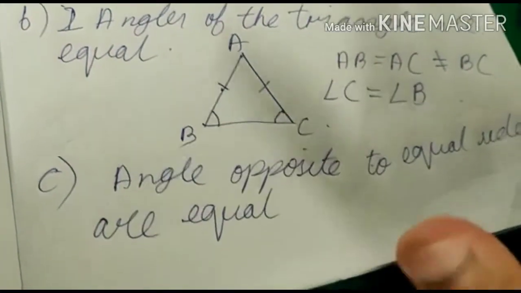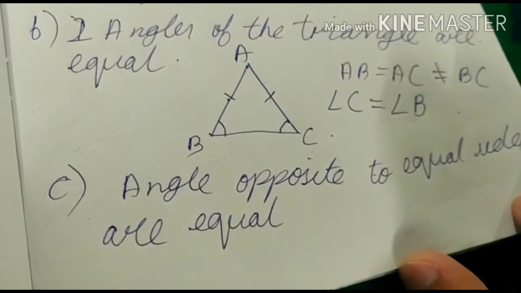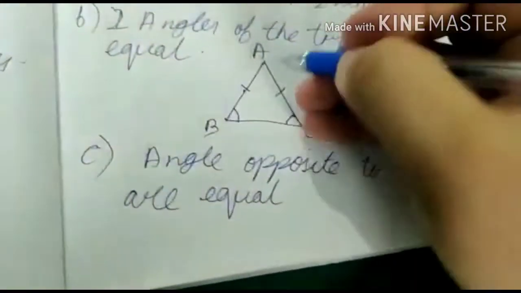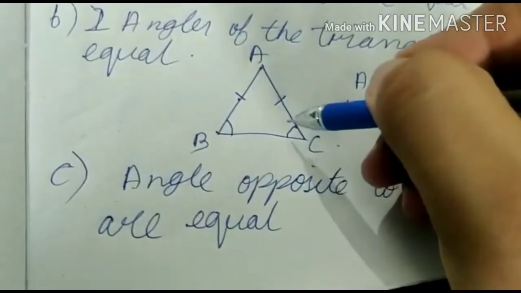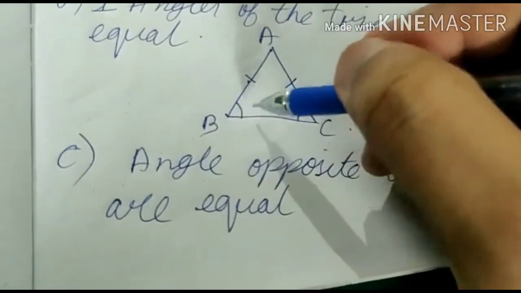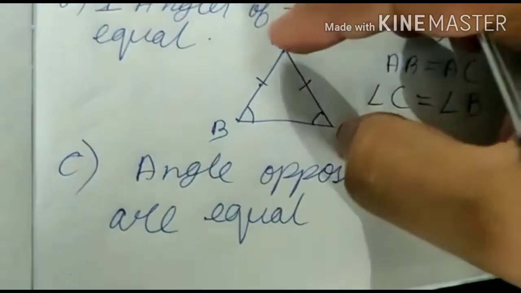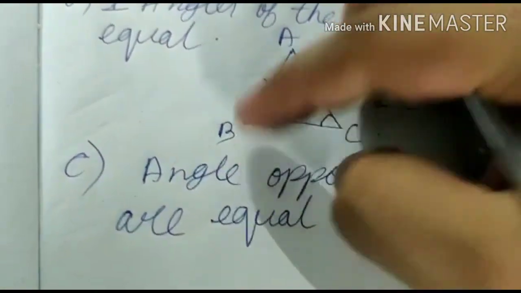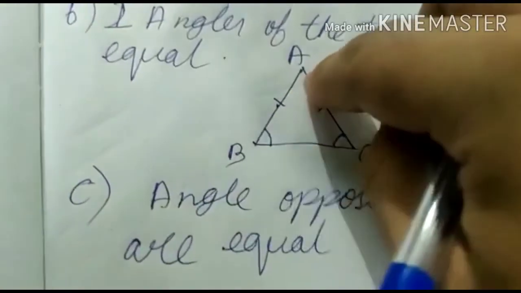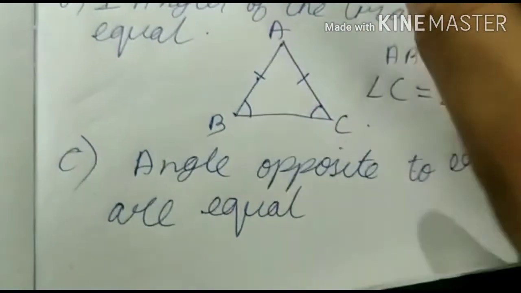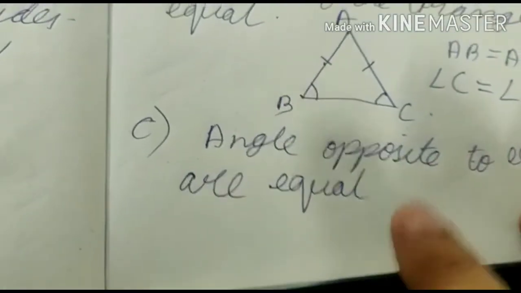Okay. Always remember, the angle opposite to AB is angle C, the angle opposite to AC is angle B, and the angle opposite to BC is angle A. Okay. So angles opposite to equal sides are equal.